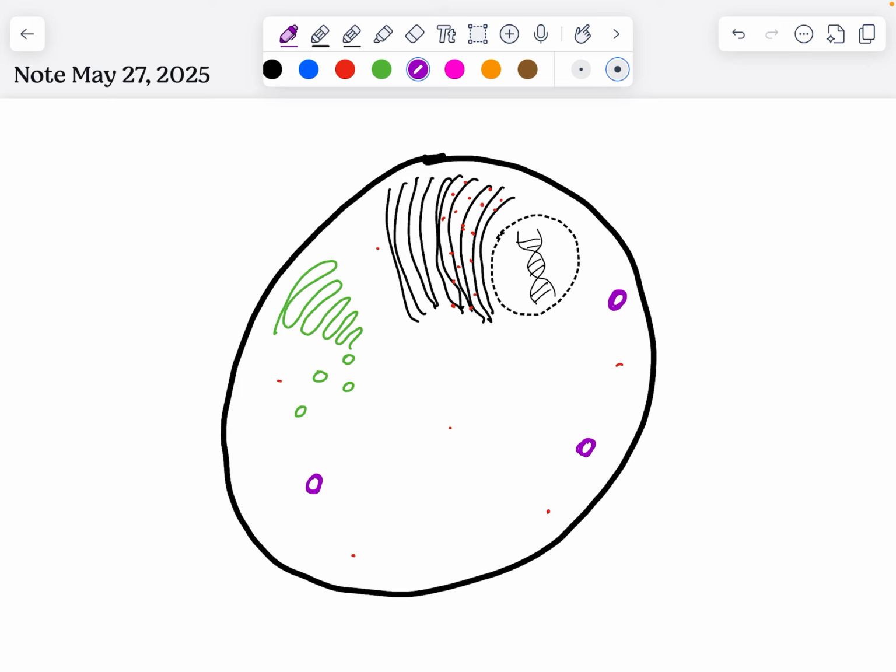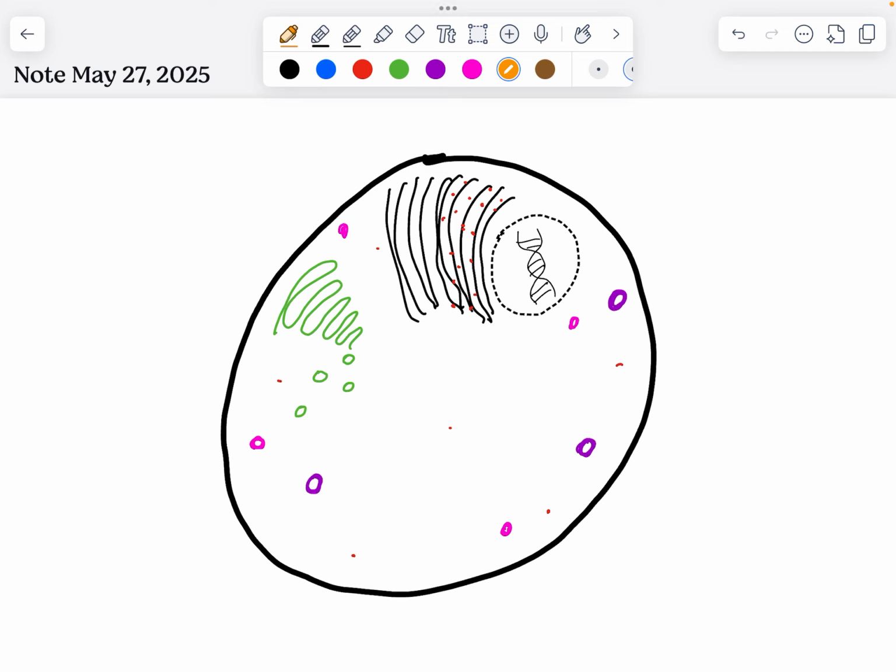They get rid of worn cell parts or pathogens that could damage the cell. We also have some smaller sort of bubbles called peroxisomes. Peroxisomes' job is to neutralize toxins, things that could change the pH of our cells, which could cause our cells to be damaged or die.